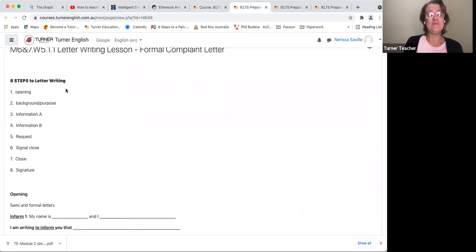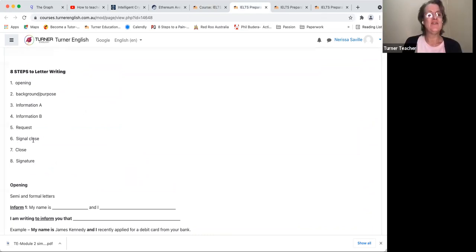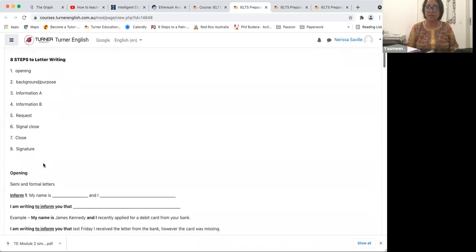We have the 8 steps for letter writing. Have you got a copy of this? Yes, I have. So we're going to work on the request, the signal close, the close, and the signature today.